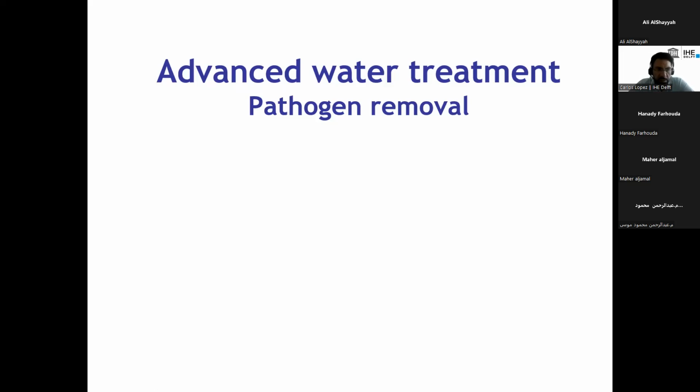That's one of the applications. The second application, and maybe even more important, is the removal of pathogens. And that's what we are going to talk about today in this lecture. So it's about the removal of pathogens from water using certain disinfection methods.